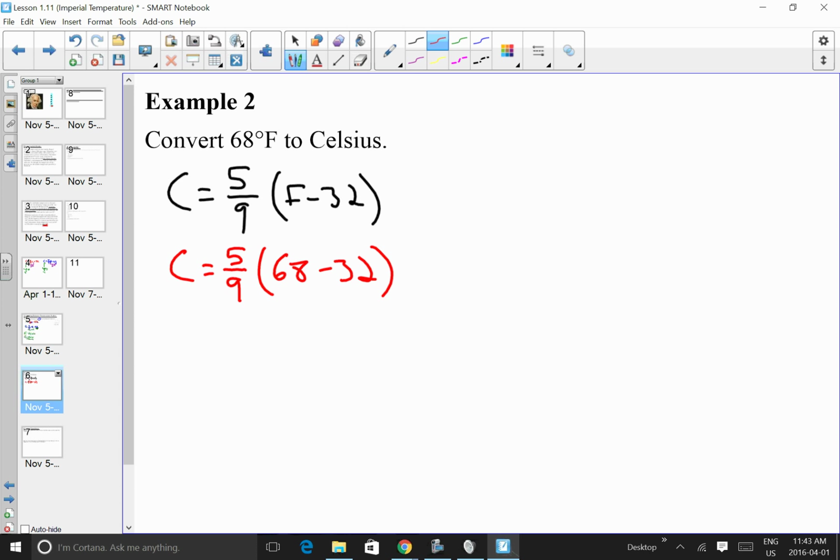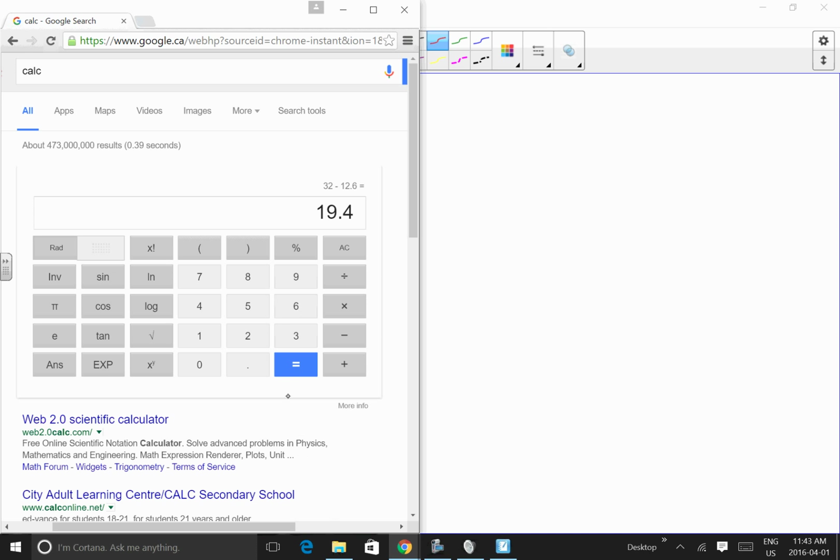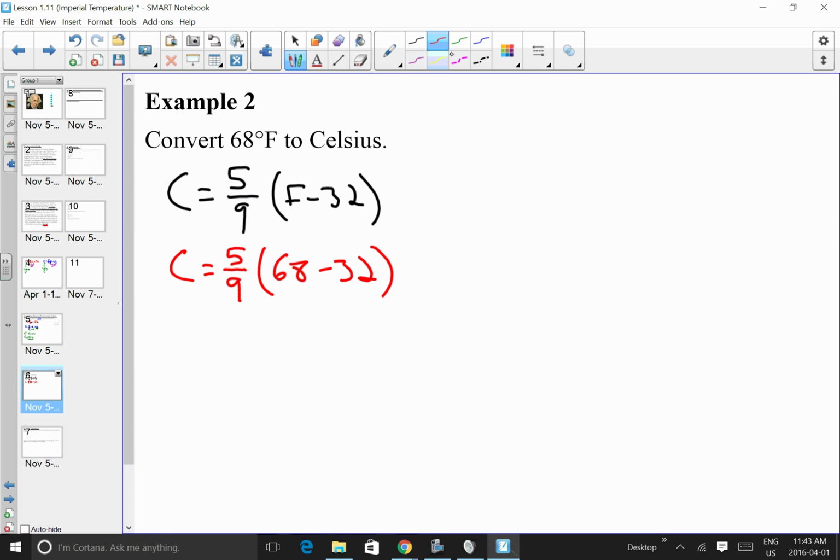So now I have to do the part inside the brackets first. So I'm just going to do the 68 minus 32. 68 minus 32, that's 36. So I'm going to rewrite this again. C equals 5 over 9, except this part here, that was 36.